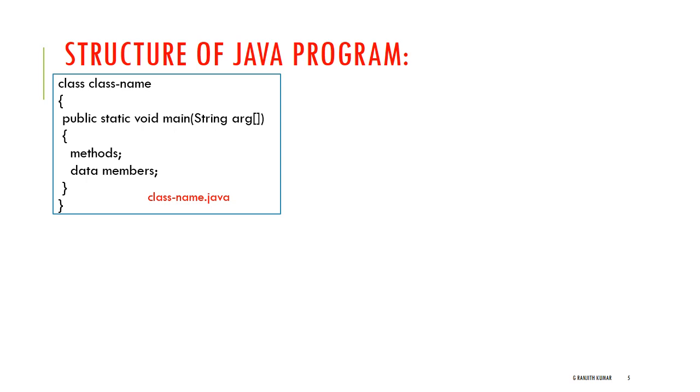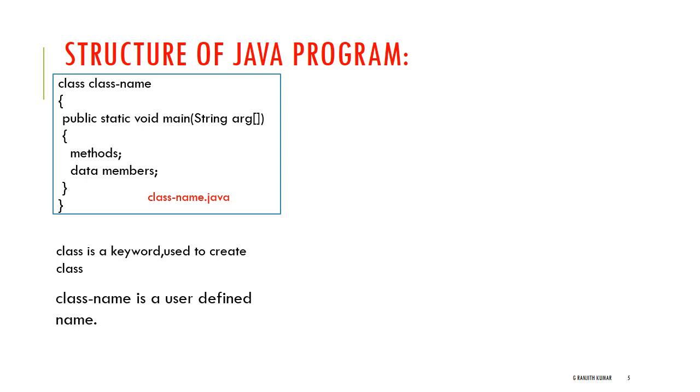So if the main method is written in a class named demo, then the file name should be demo.java. Here class is a keyword used to create the class, and the class name is any user defined name.